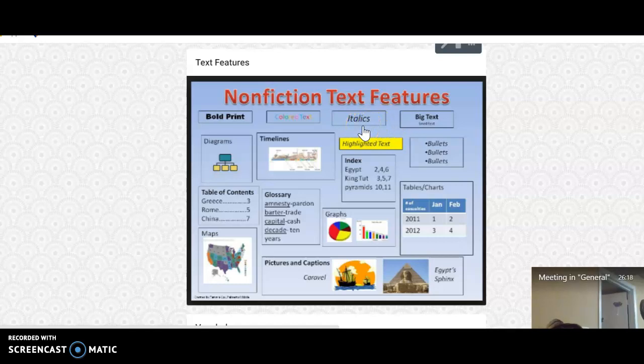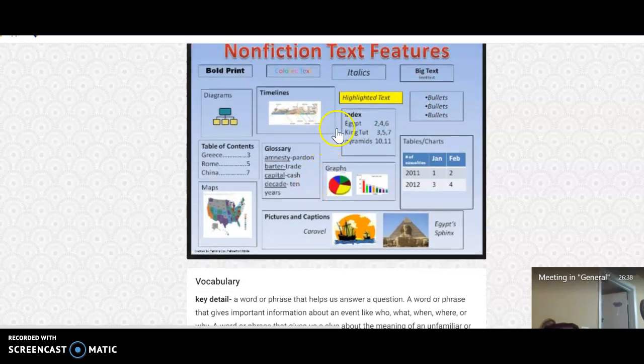When it's in italics, it kind of looks like the words are tilted to the side a little bit. You'll have diagrams. You'll have timelines. There will be words and it'll have yellow over the top of it. You'll have bullet points. These will be lists. Very important, you'll have an index. You'll have a table of contents, a glossary.